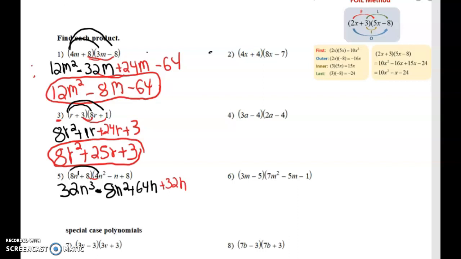Positive 8, negative n. Well, that's going to make a negative 8n. And then an 8 and an 8 is 64. Remember, there's an n there, right? 8 and 8 and got sick on the floor. So 8 times 8 is 64. Okay. That would be my last one there.